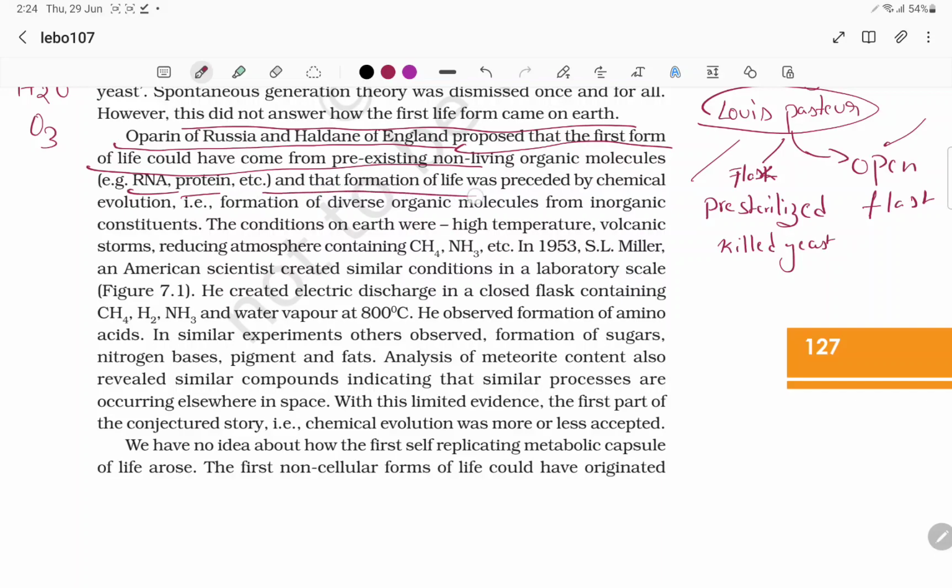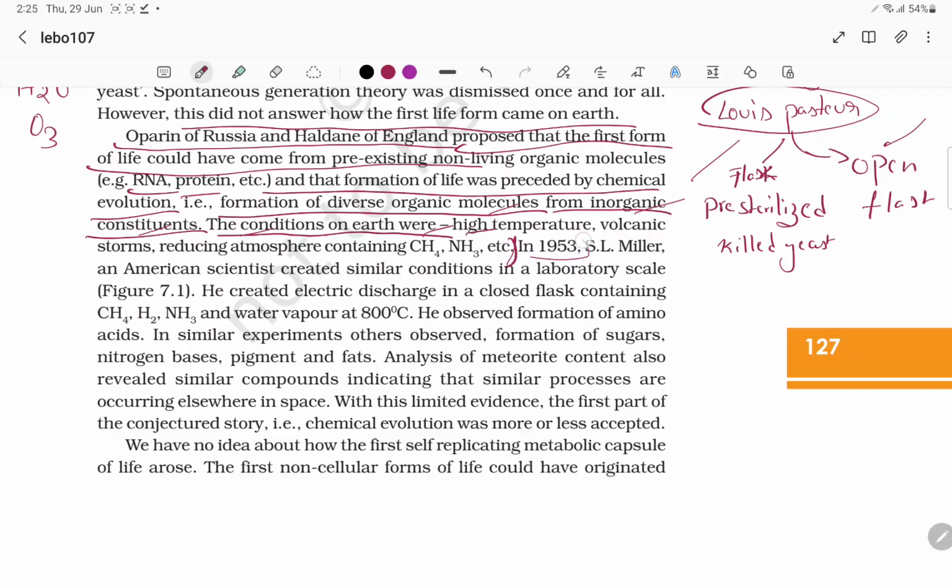But the formation of life was preceded by what we call chemical evolution: the formation of diverse organic molecules from inorganic constituents. They told these organic molecules also came from inorganic things. The condition of Earth was high temperature, volcanic storms, and a reducing atmosphere containing CH4, NH3, etc.